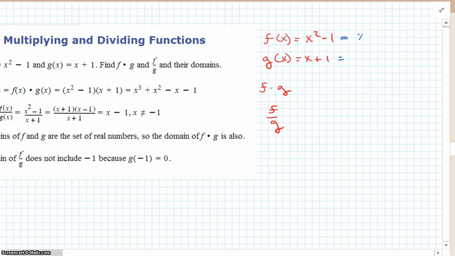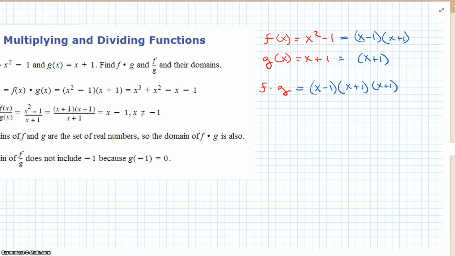That is a difference of squares, so I can rewrite this as x minus 1 times x plus 1. And g of x is already simplified as x plus 1. So if I'm going to multiply them, it's going to be x minus 1 times x plus 1, that's f of x, times x plus 1, that represents g of x.